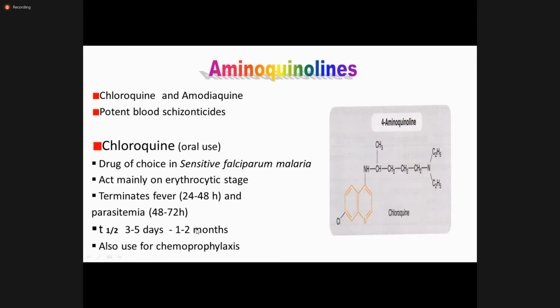So first drug, chloroquine, used as an oral drug, effective against all 4 forms of malaria, but only for the sensitive form. The problem that we are facing nowadays is the resistant form of falciparum. So this drug is not effective in the resistant form. Otherwise, if the parasite is not resistant, then this is a very good drug to start the therapy with.